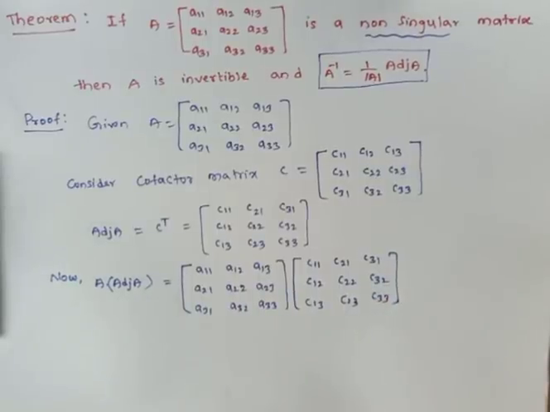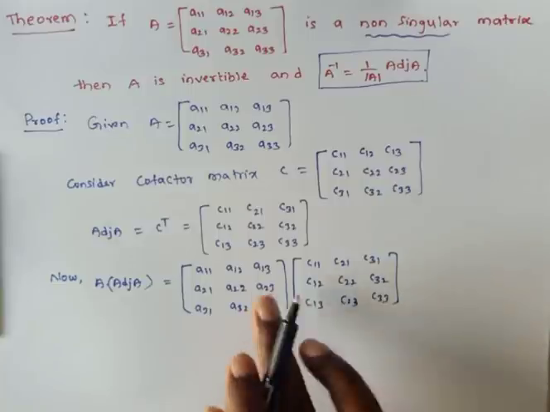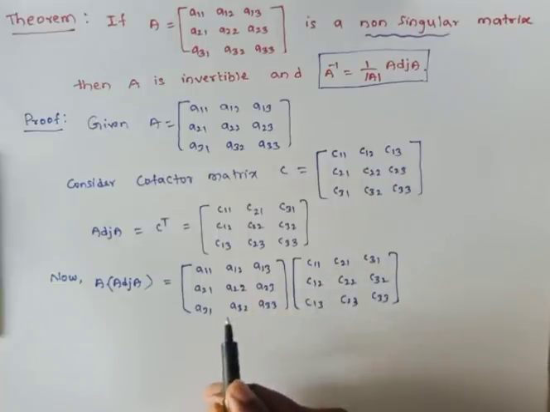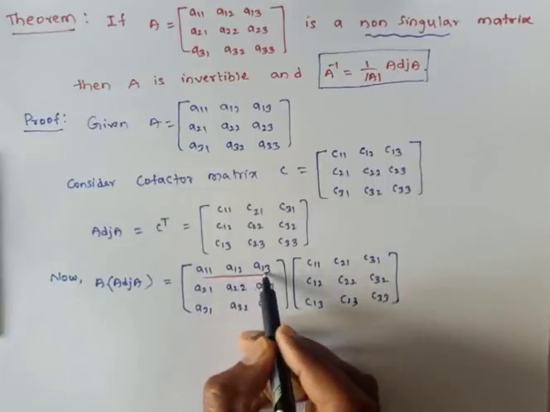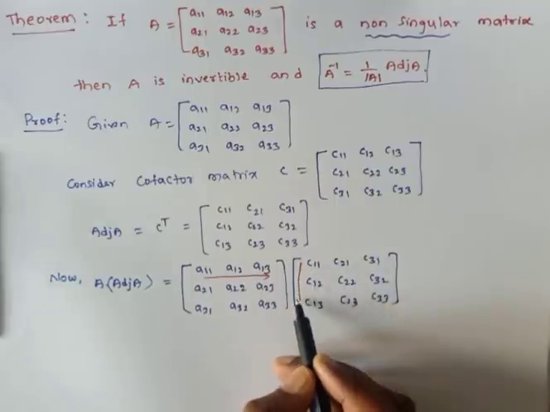So find the matrix multiplication. The product is conformable, and the resultant elements are obtained by multiplying the corresponding row elements with the column elements.